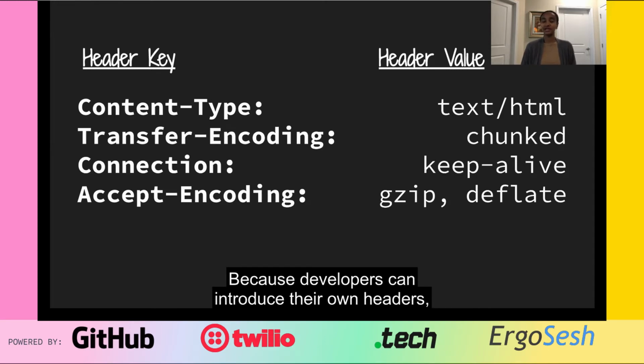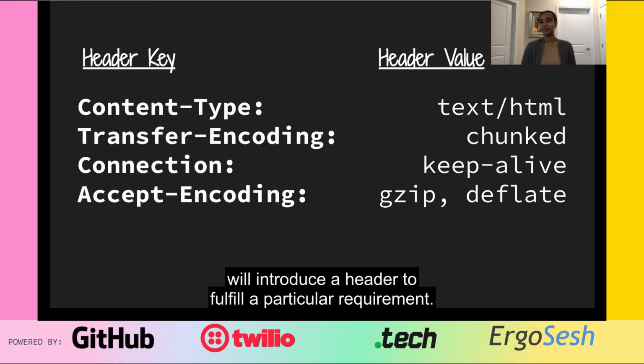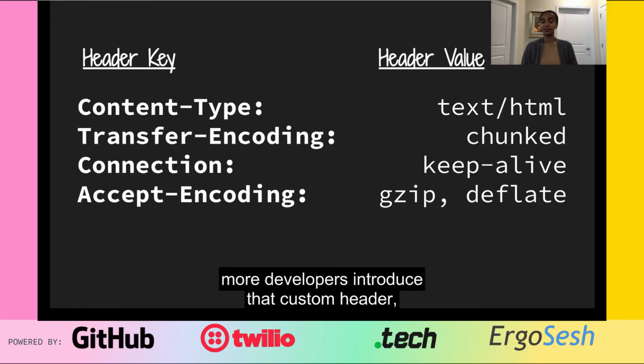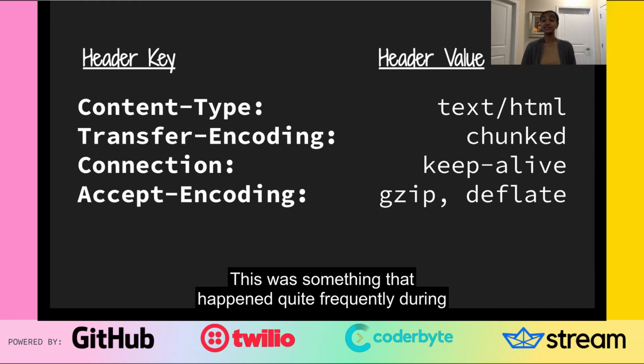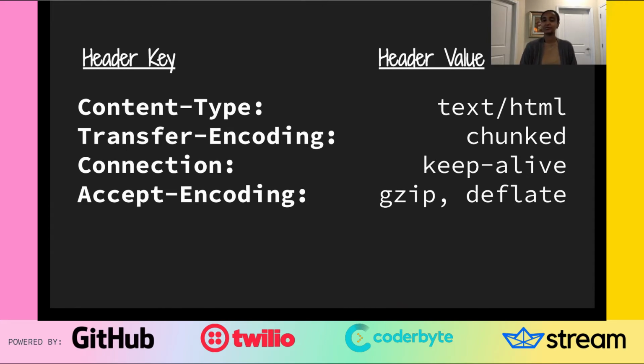Because developers can introduce their own headers, what tends to happen is that a developer will introduce a header to fulfill a particular requirement. That idea catches on, more developers introduce that custom header, and then eventually it becomes a part of the specification. This was something that happened quite frequently during the early days of the evolution of the HTTP specification.